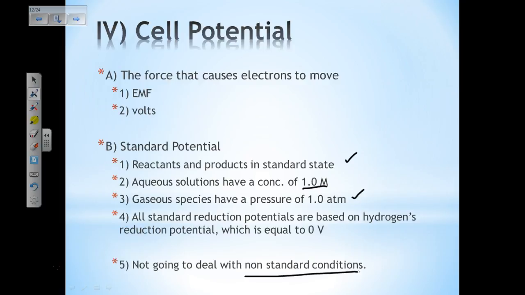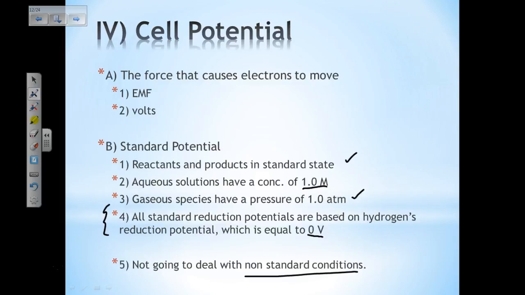I think all of this boils down to the fact that there has to be a basis, and so we use hydrogen's reduction potential to determine the basis, and that is equal to 0 volts. If there's more electromotive force, that means it's a positive voltage. If there's less electromotive force, that's a negative voltage.